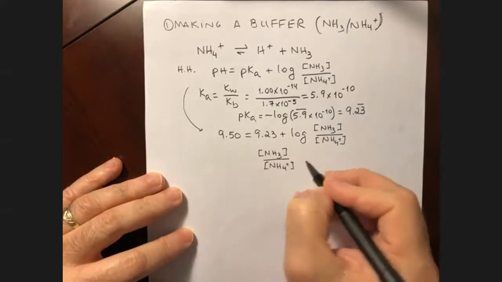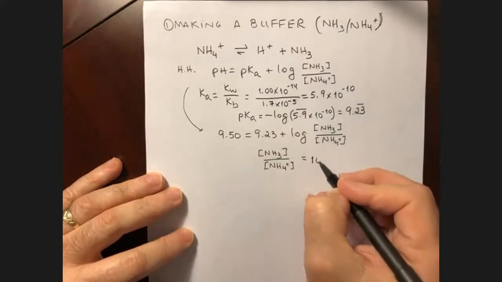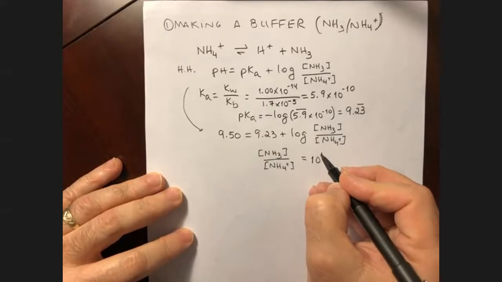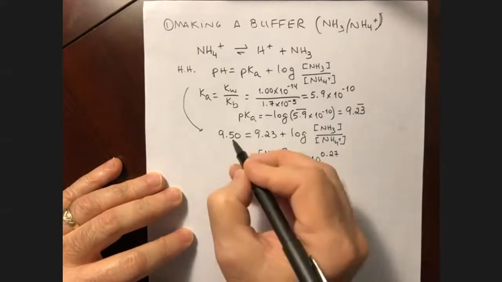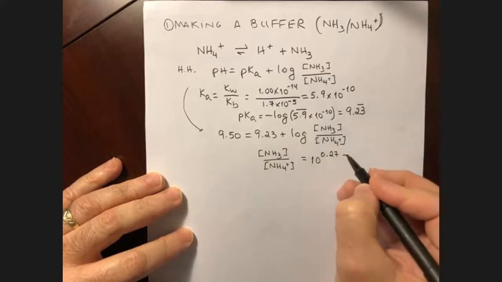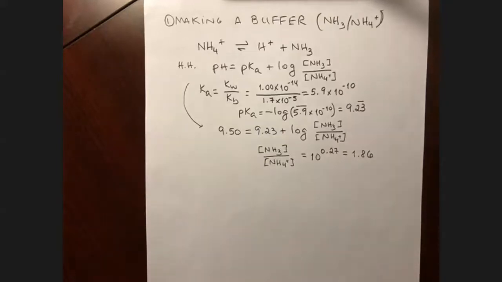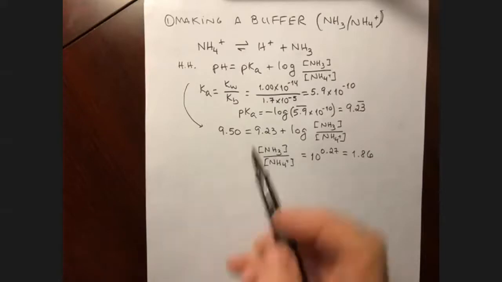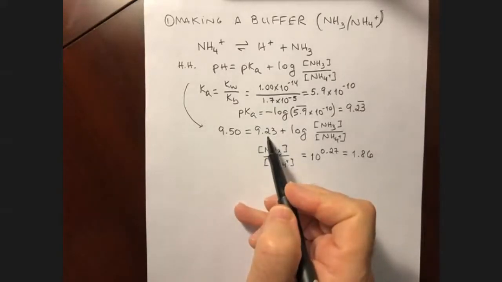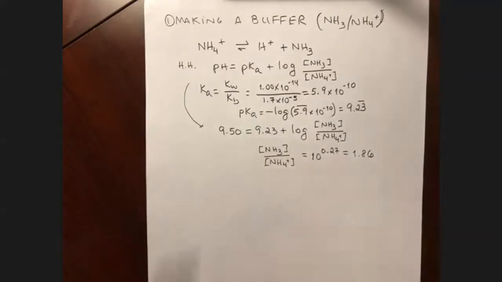That's what I'm looking for. And that's going to be essentially 10 to the 0.27. That's the difference between 9.50 and 9.23. And that is 1.86. So essentially, I need a buffer where the ratio of ammonia to ammonium is 1.86. That makes sense, right? Because since the pH is a little higher than the pKa, you expect there to be a little more base than acid. So that makes sense. Always make sure before you commit yourself to these calculations, make sure that they make sense chemistry-wise, okay?